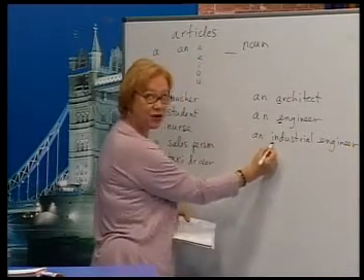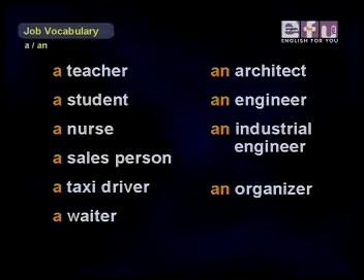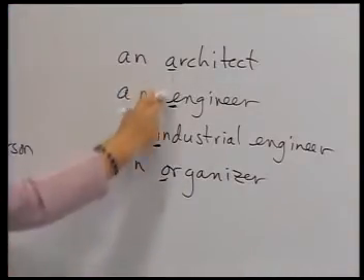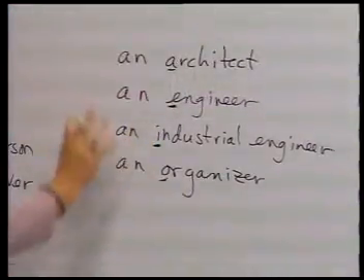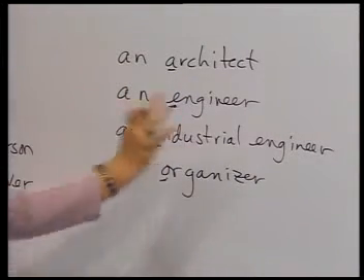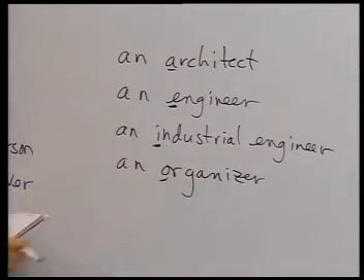And an organizer. Okay? A, E, I, O. So, an architect, an engineer, an industrial engineer, an organizer.